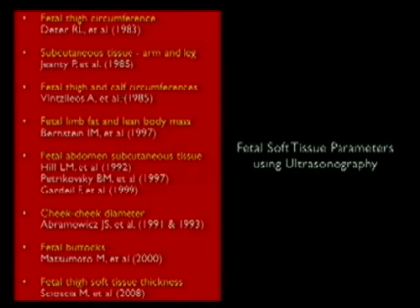And then Dr. Vintzileos talked about the fetal thigh and calf circumferences. It goes on and on, involving the fetal abdomen, the cheek diameter, the fetal buttocks, and even the fetal thigh soft tissue thickness. So the problem has been that it's difficult to replicate these measurements and to use them in a clinical manner.